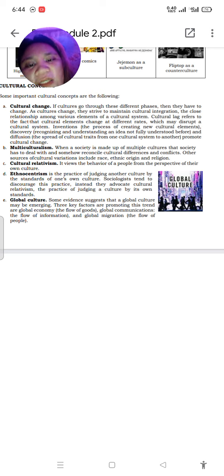So B is multiculturalism. What is multiculturalism? When a society is made up of multiple cultures, that society has to deal with and somehow reconcile cultural differences and conflicts. Other sources of cultural variations include race, ethnic origin, and religion. So that is multiculturalism. Cultural relativism views the behavior of people from the perspective of their own culture.